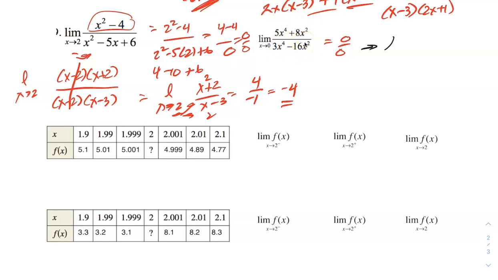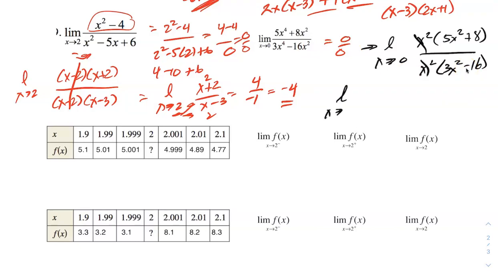So when you factor this, it's just going to be x squared times 5x squared plus 8 over x squared times 3x squared minus 16. Alright, so when you factor, you just get this. And now these cancel out. And now all you have is the limit as x approaches 0 of 5x squared plus 8 all over 3x squared minus 16. Plug in 0. So I plug in 0, this goes away. And all I get is 8 over negative 16, or negative 1/2.